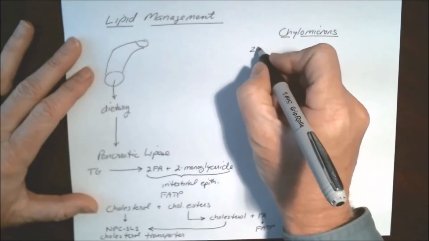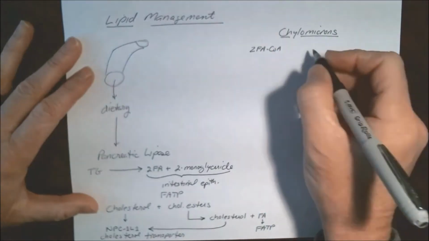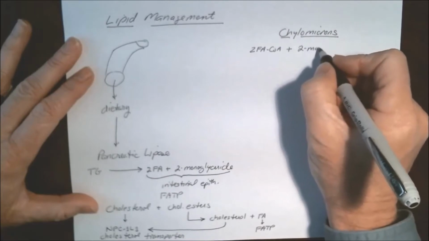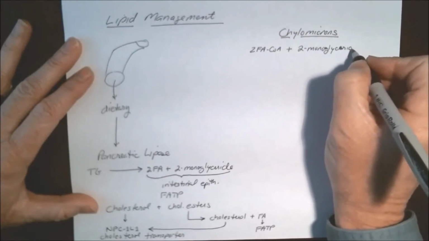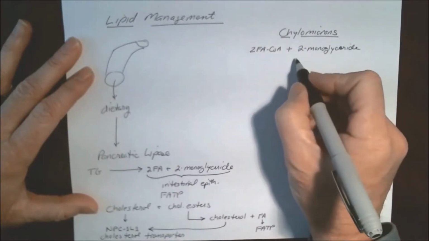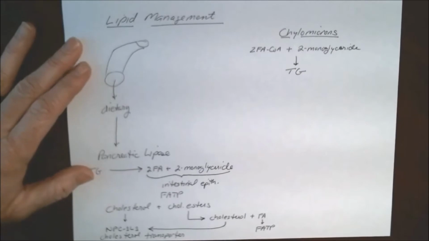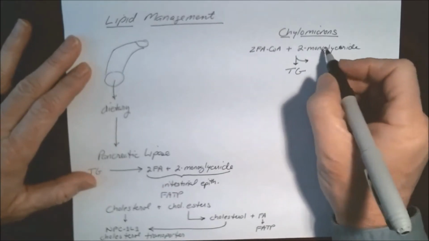So in order to do that, the intestinal cells will take 2 fatty acyl-CoA groups, add this to the 2 monoglyceride structure, and what we are going to generate here is the same triglyceride structure that we are using for transport.